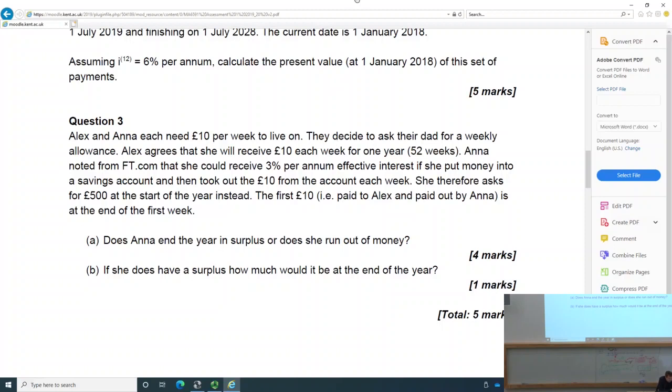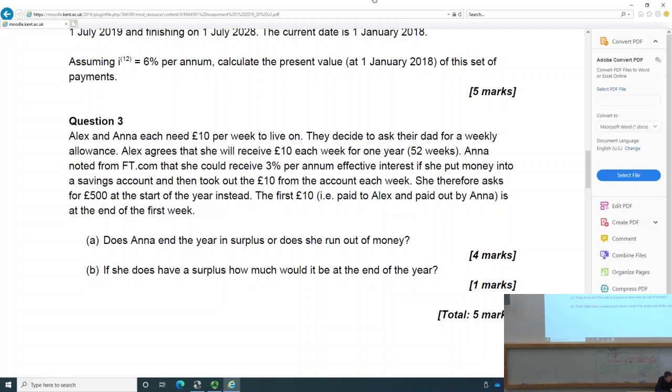Anna noted from FT.com that she could receive 3% per annum effective interest if she put the money into a savings account and then took out the £10 from the account each week. She therefore asked for £500 at the start of the year instead.